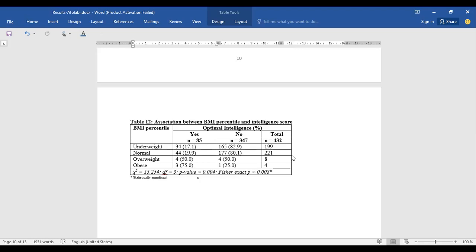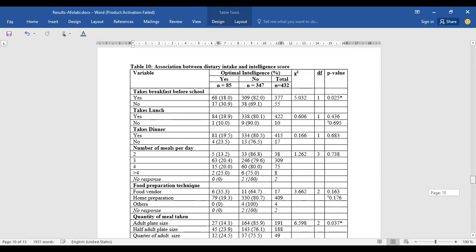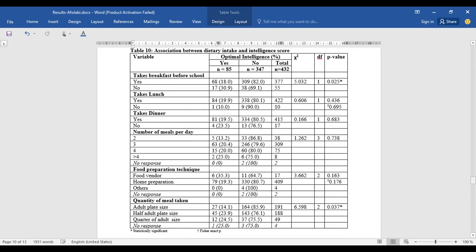Now, sir, looking at Table 10, I noticed that Fisher exact P is also used. What is used there, particularly for those that take breakfast, lunch?